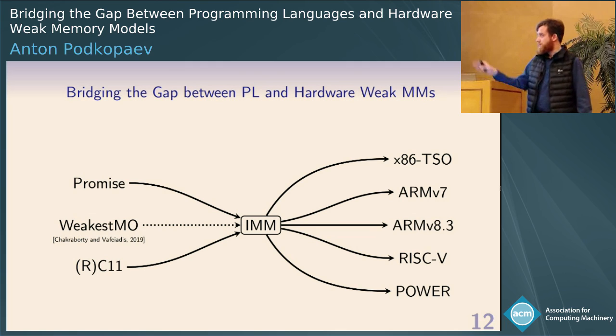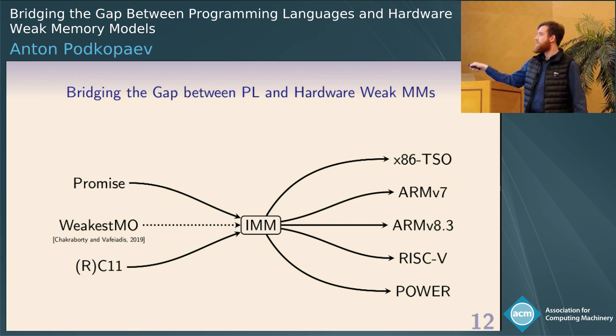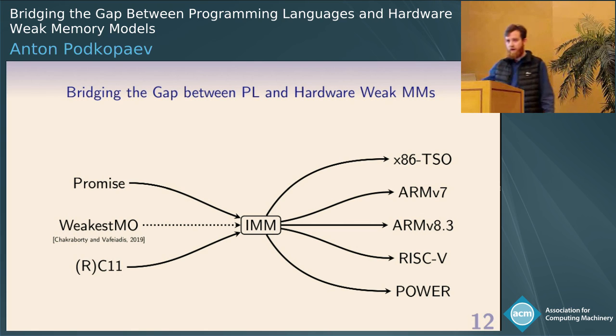This memory model is based on event structures, and it also has some kind of certification, so we hope that we'll be able to use at least some results from the promise to IMM proof.